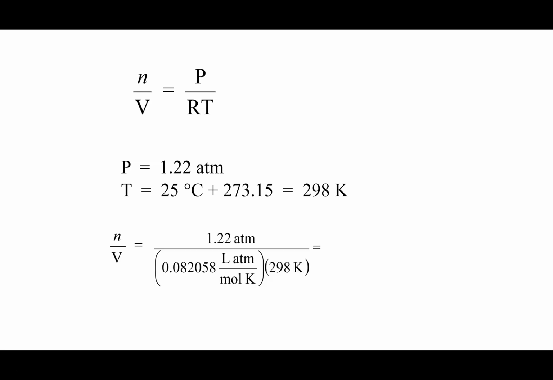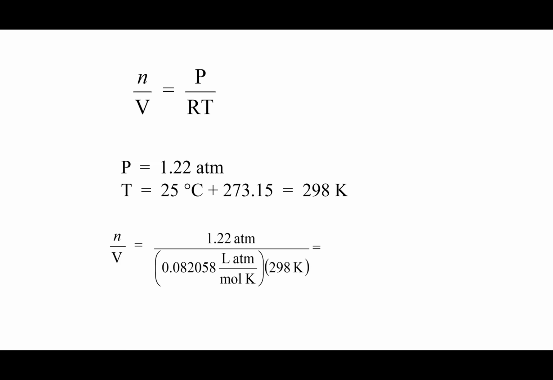In the numerator, we have the pressure, 1.22 atmospheres. And in the denominator, we have R, 0.082058. Units of R are liters atmospheres per mole Kelvin. And then the temperature was 298 Kelvin. Notice in this case, units of Kelvin clearly cancel.